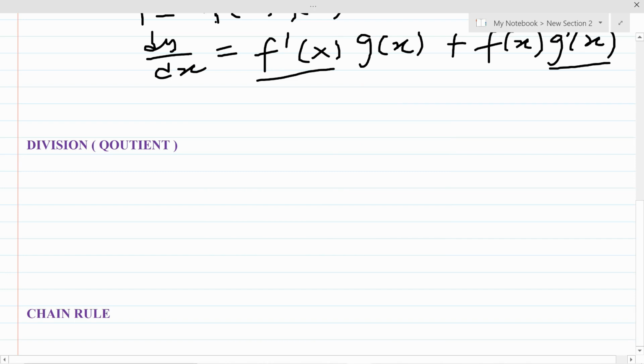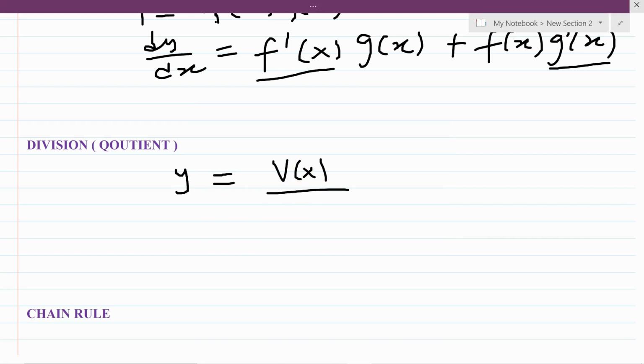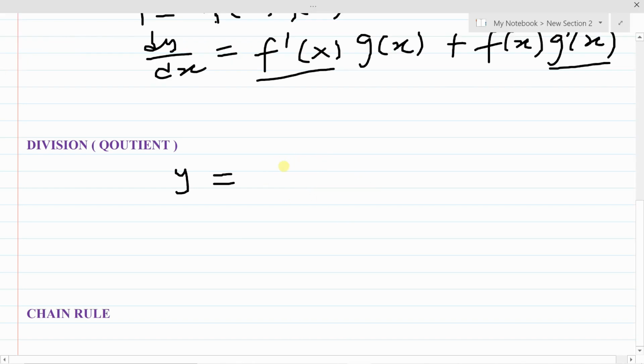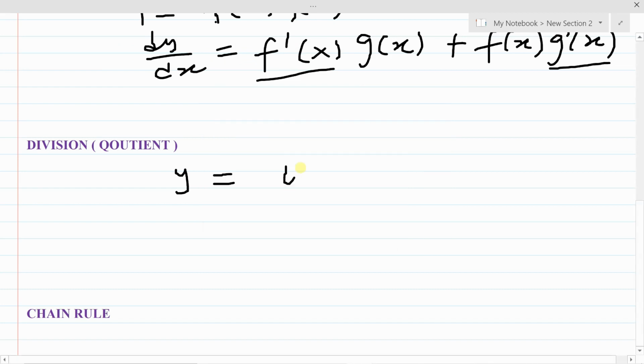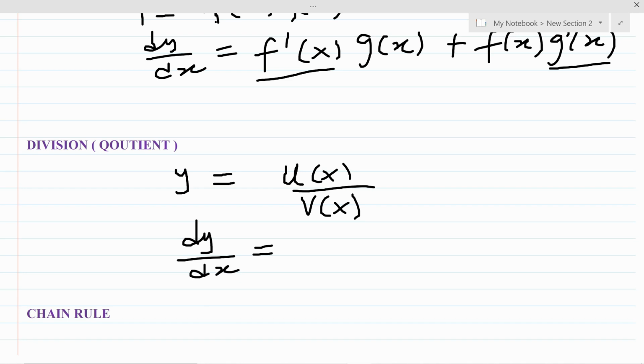So the quotient rule talks about divisions. If I have y equal to u of x over v of x, because most books use u of x over v of x, then my dy/dx will be equal to, first of all, you pick your denominator, which is v of x, then you multiply by the differential of u of x.